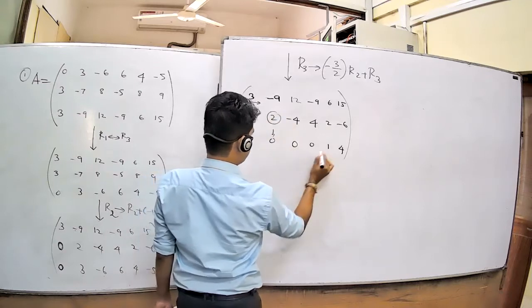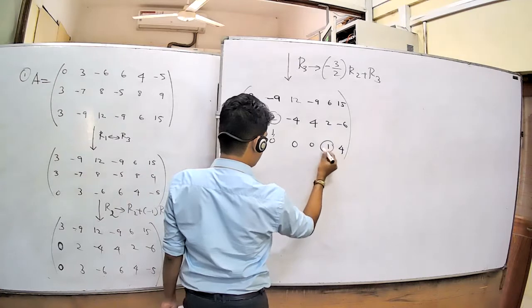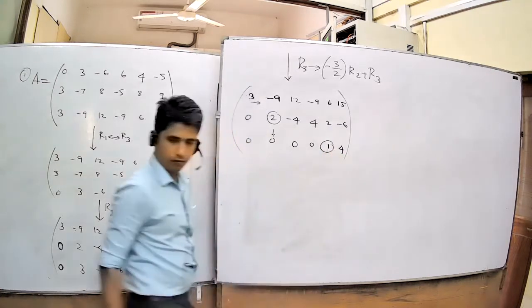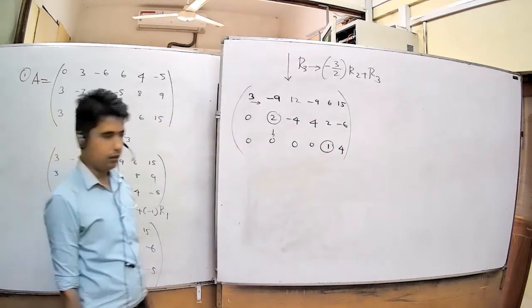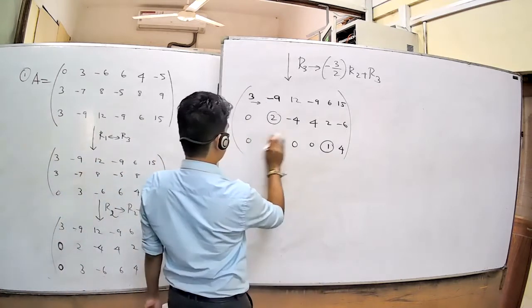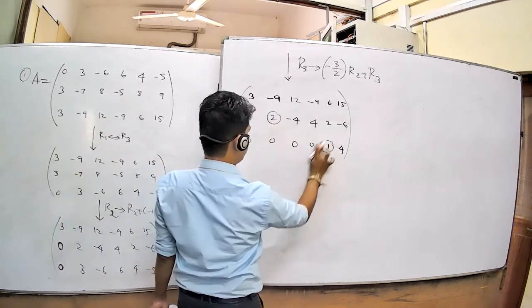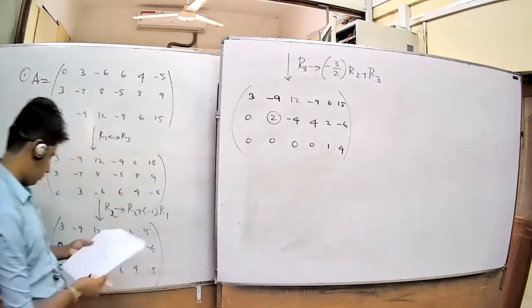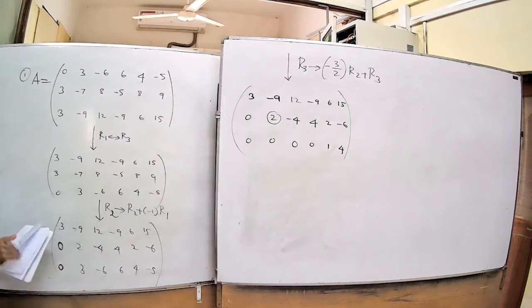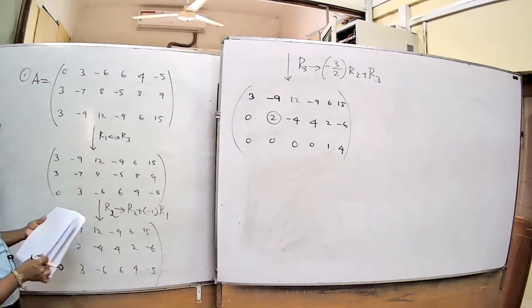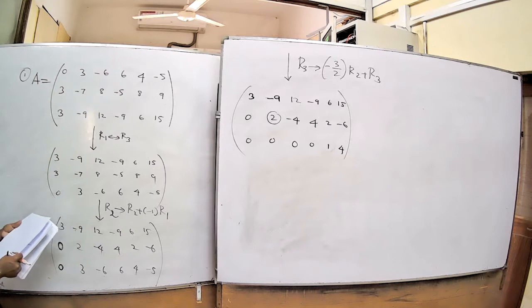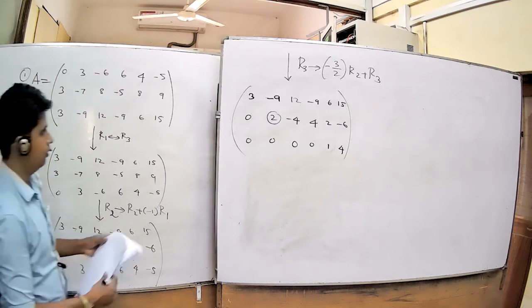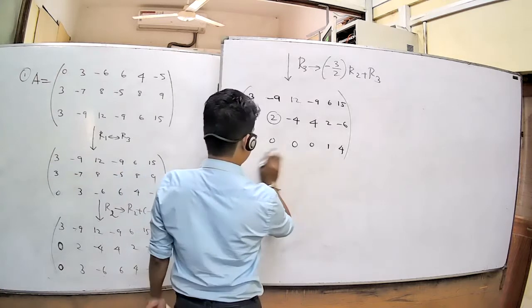Now your third row, the leading entry means the first non-zero entry, 1 here. Therefore, it is an echelon form.